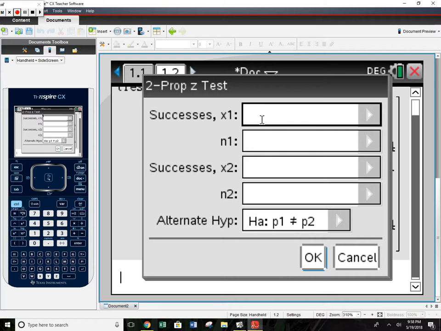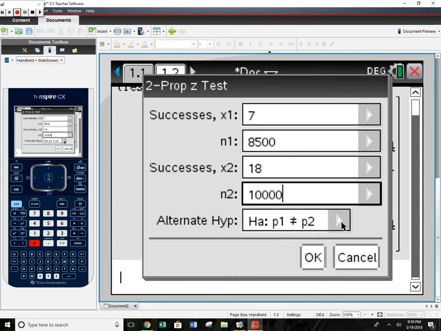So, one we're going to call the vaccination. So the successes, how many were there? 7 out of 8,500. Then the next one, there were 18 out of 10 grand.